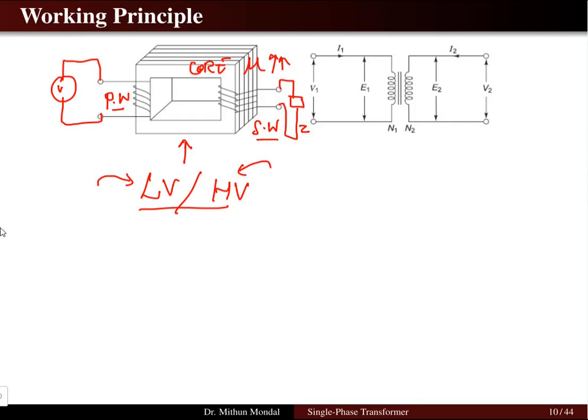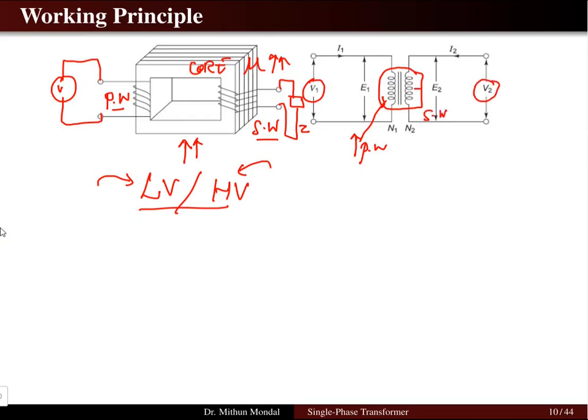Now here, this physical transformer is represented in the simple form of the equivalent circuit of the transformer, where two different coils are shown. The first coil, which is connected to the source, is the primary winding. The second coil, which is connected to the load, is known as the secondary winding.